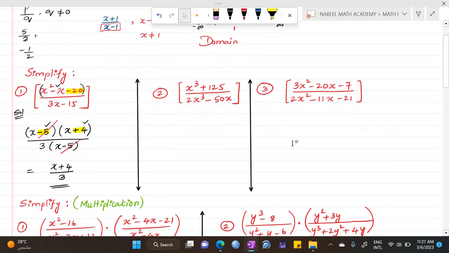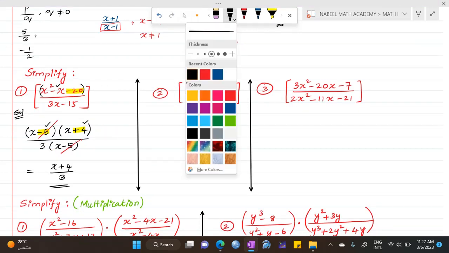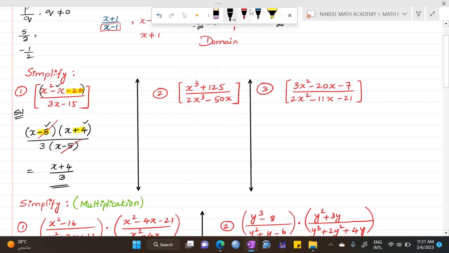Now the next one, we will have a cubic expression in the numerator. So how are you going to solve these types of problems? Now here, this is actually x power 3 plus b power 3. What is b power 3? It is 125, since 5 power 3 is 125.